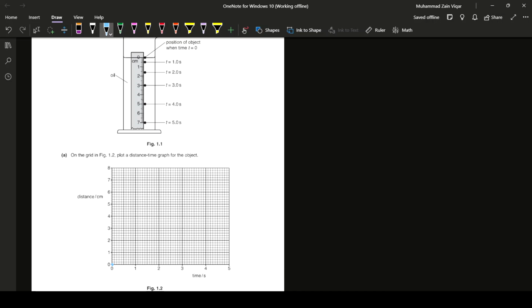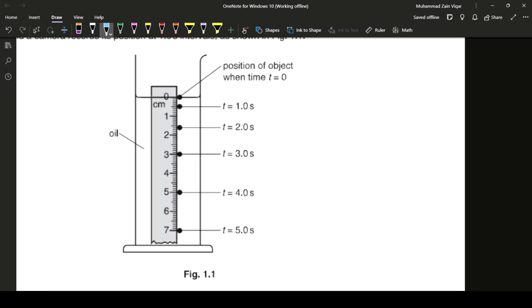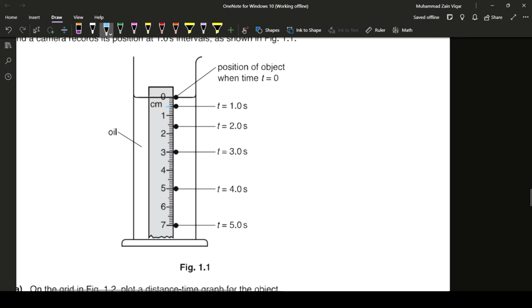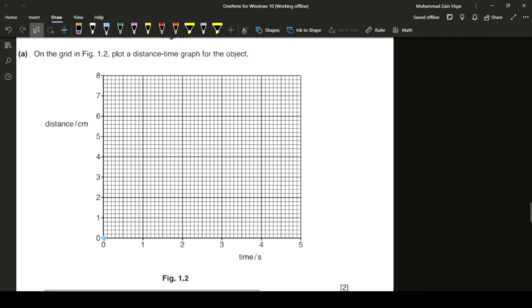Now the next value at time t equals 1 second is around halfway between 0 and 1 centimeters, which might be 0.5 centimeters. So for time t equals 1 the distance became 0.5 centimeters, and this becomes my second point.